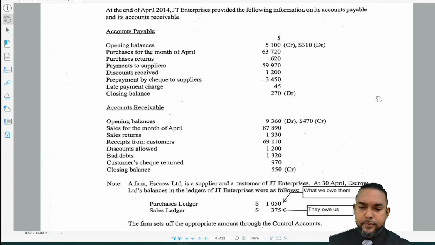Yeah, about a minute and a half again to finish off the creditors control, and I'll start it.